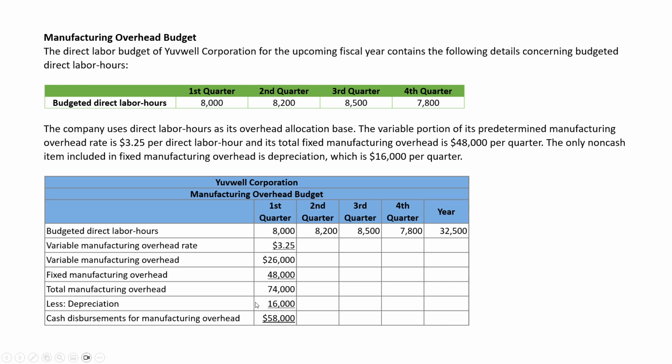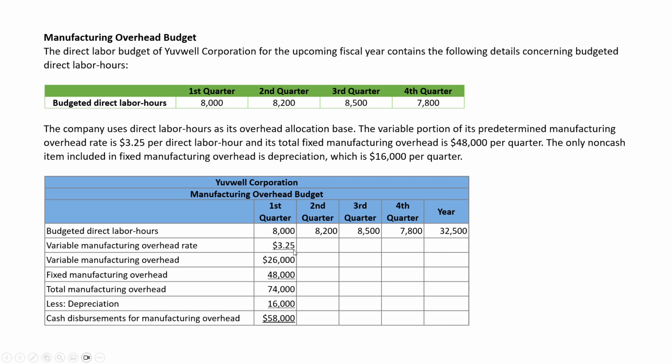If you recall, depreciation, for example, for a machine, isn't the current amount of cash that we're spending. We bought the machine in the past. We paid for the machine in the past. Depreciation is just showing the usage of that asset, just an expense, but not an actual cash outlay.